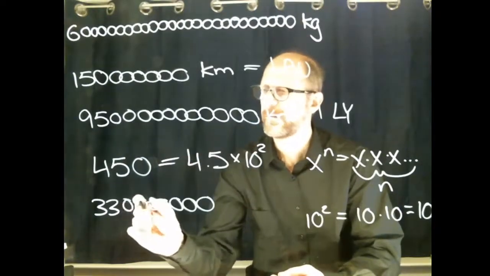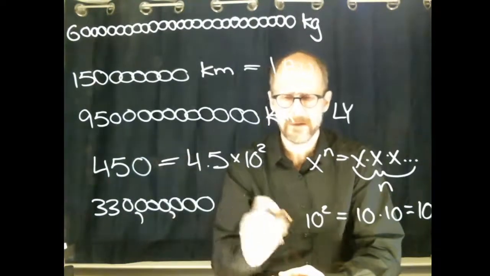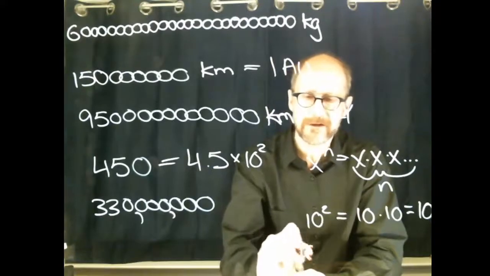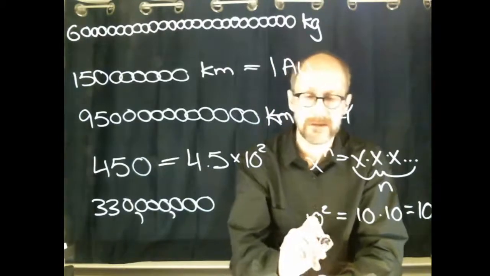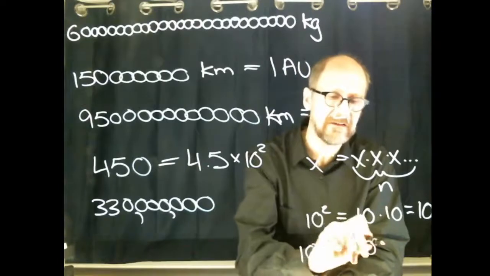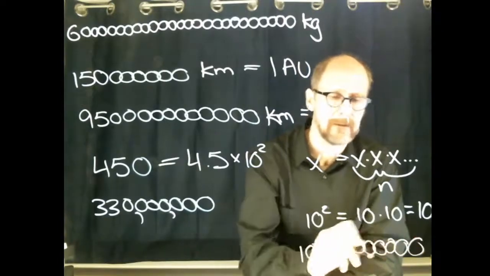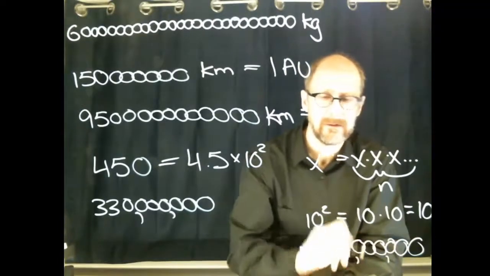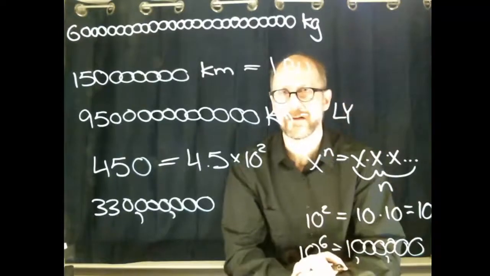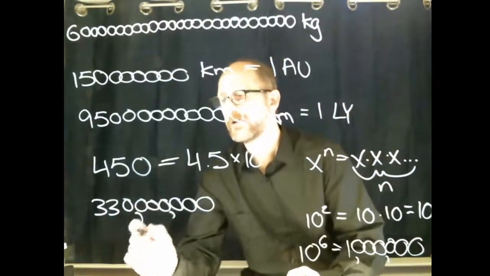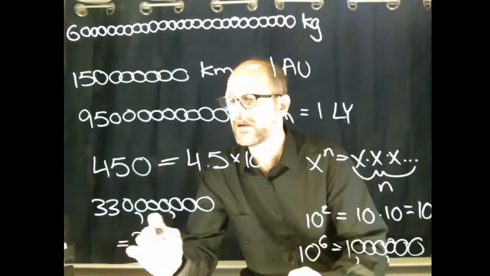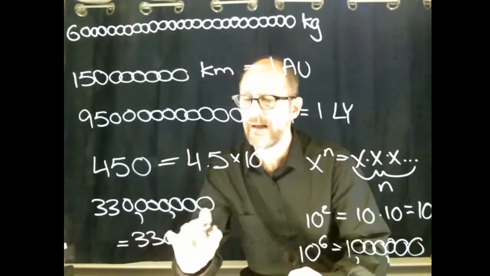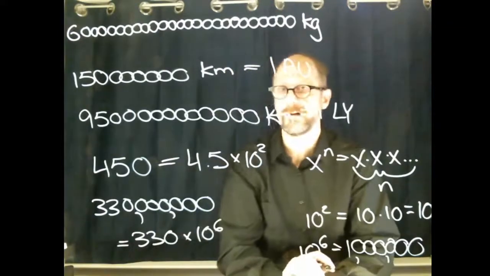This is 330 million. What is a million? A million, by definition of the word, is one with 6 zeros after it. And that is 10 to the power of 6. So we can write 330 million as 330 times 10 to the power of 6, the number of people in the United States.